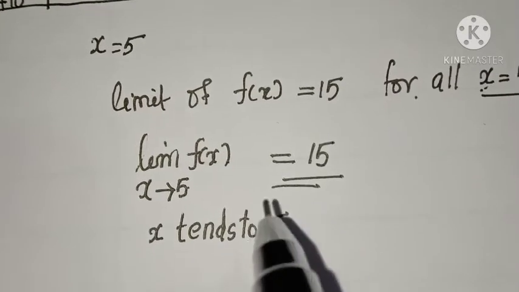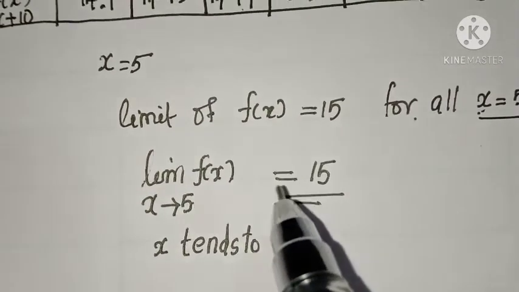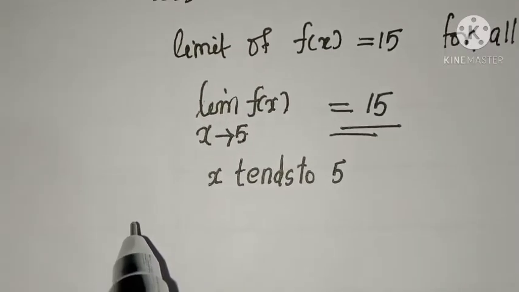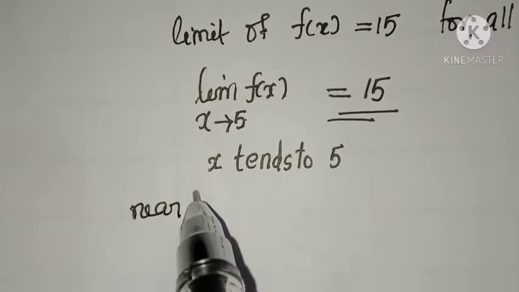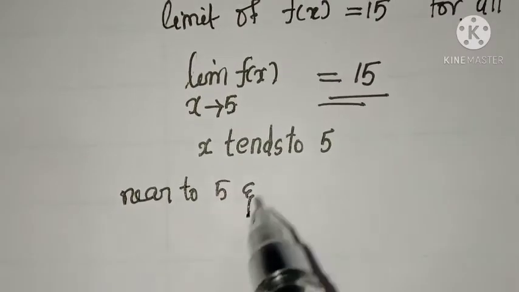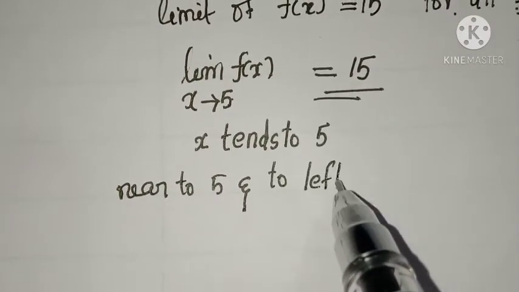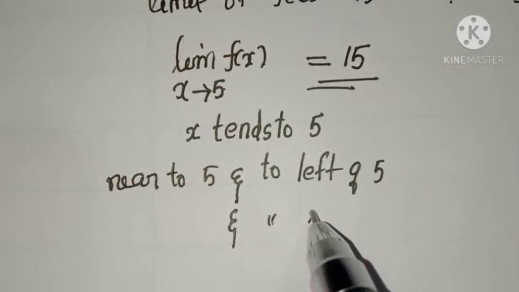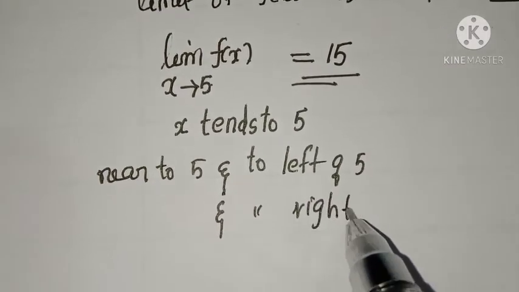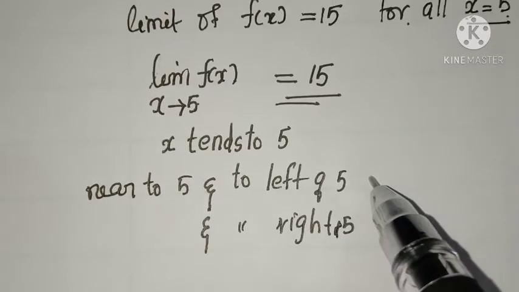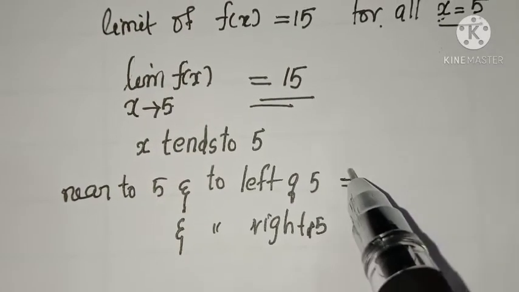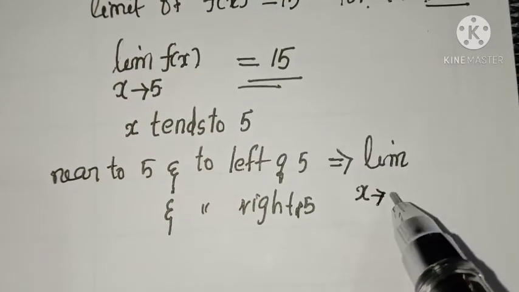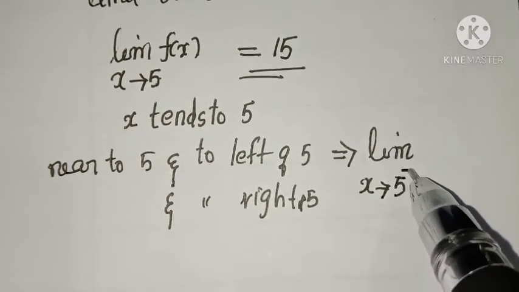Okay. Here we consider the values near to 5 and to the left of 5, isn't it? As well as to the right of 5 also. So listen, to the left of 5, this can be written as, listen please, limit x tends to 5 minus.